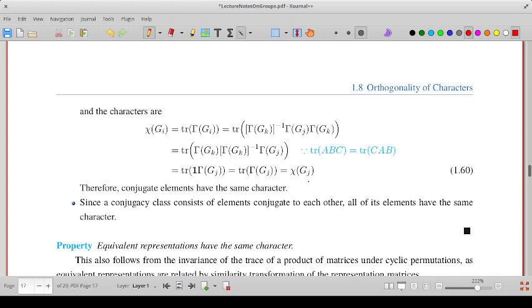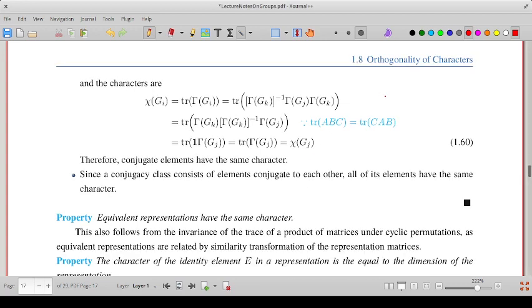But that is the character of the element Gj in this representation. So we have established that if Gi and Gj are conjugate to each other, then chi Gi equals chi Gj. Or in other words, elements that are conjugate to each other have the same character.